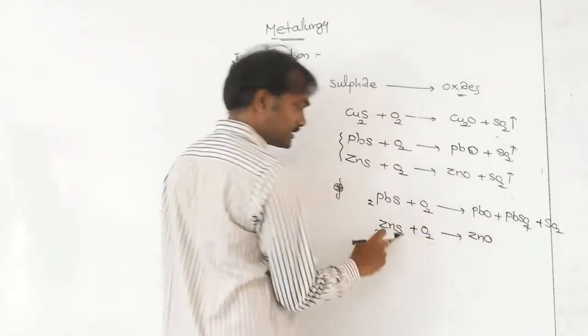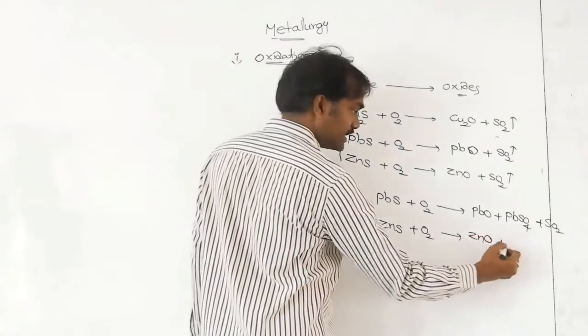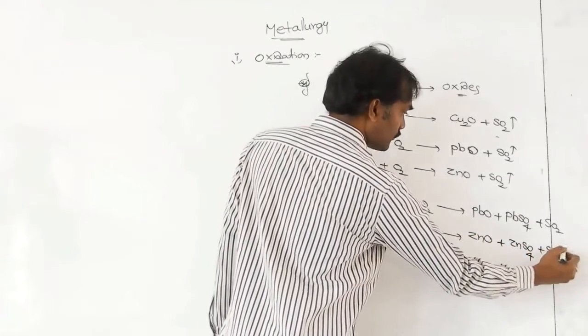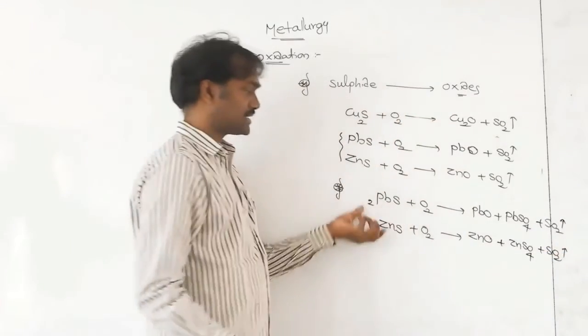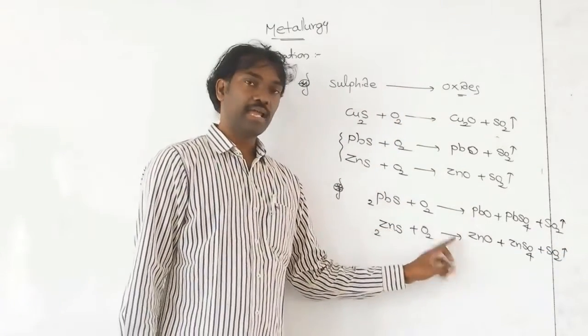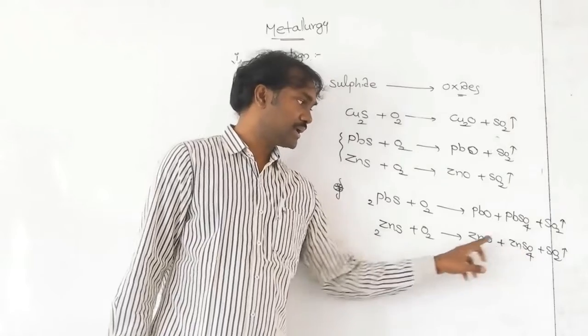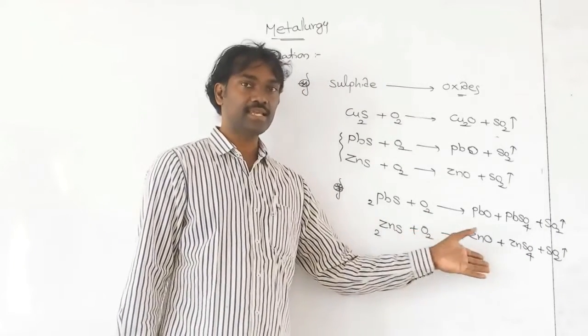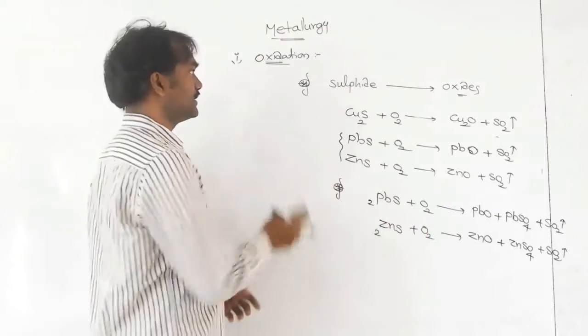Some amount is converted into zinc oxide, and some amount into zinc sulfate. For this type of reaction the temperature is important: at which temperature which product is forming. Based on that logic, you can easily separate them.